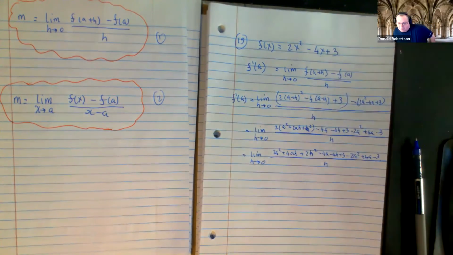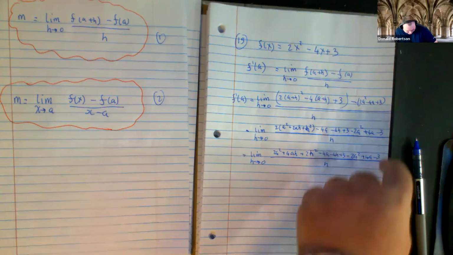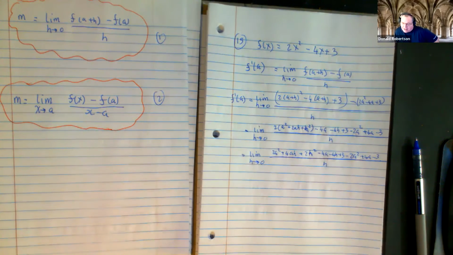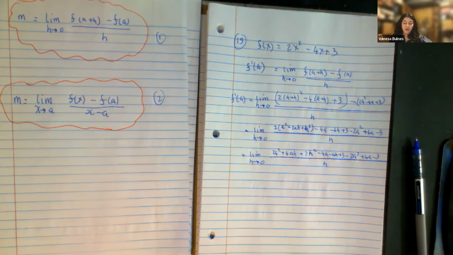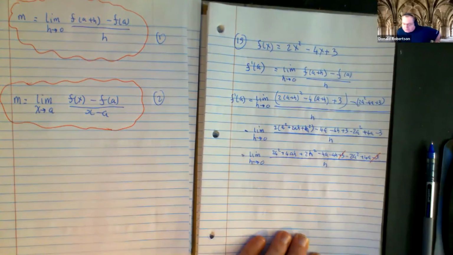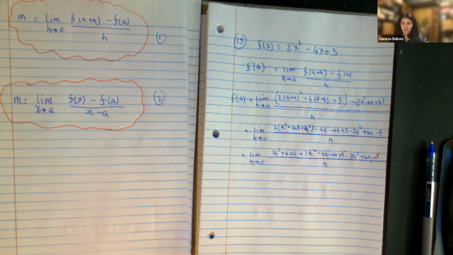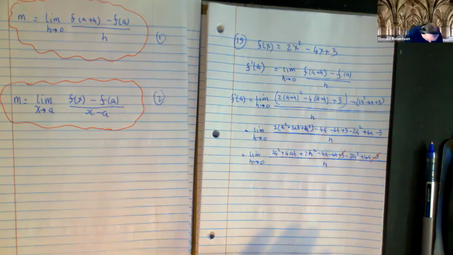Okay, now we get to have some fun. There's a lot of stuff going on this top row here. Can you see anything that gets cancelled out by something else? The 3's cancel each other out. Anything else? The 4a, yeah, it looks like a 9, doesn't it?